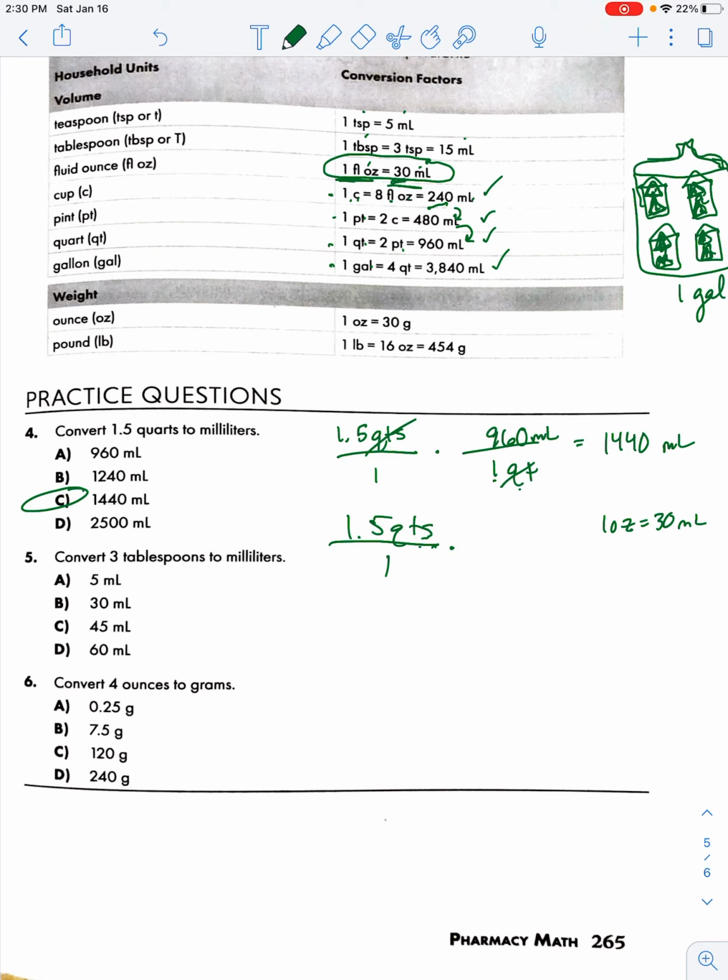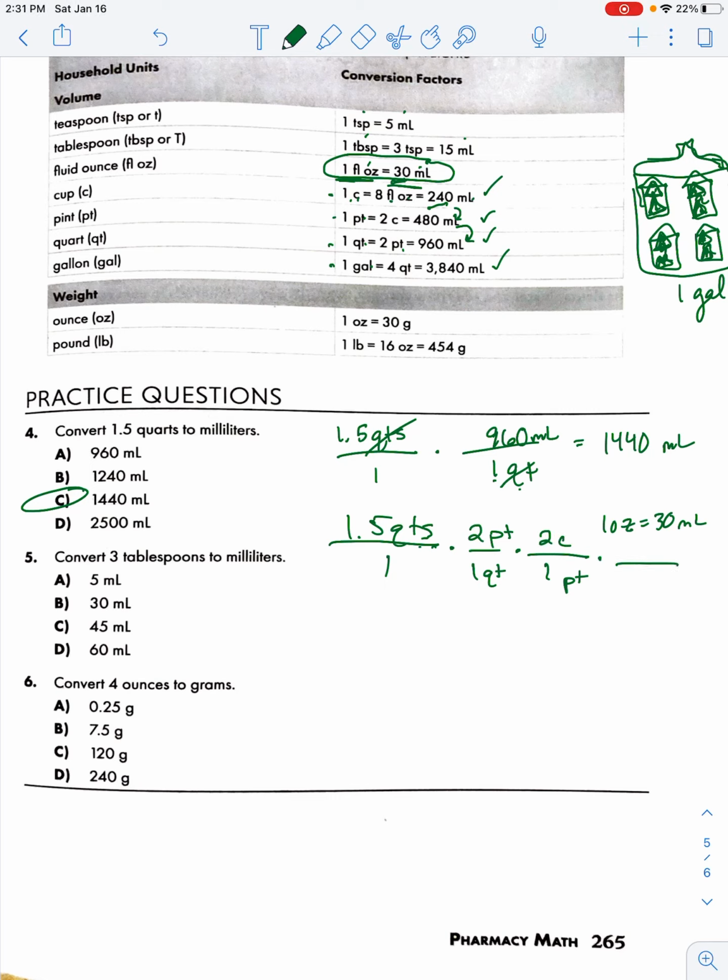So what you could say is, well, I know there are 4 quarts in 1 gallon, but I know that 1 quart is 2 pints. And then I know that 1 pint is 2 cups.